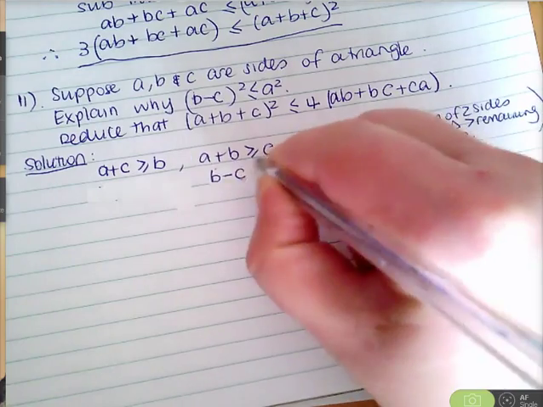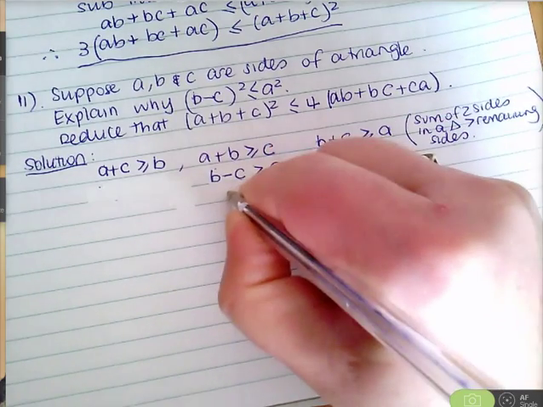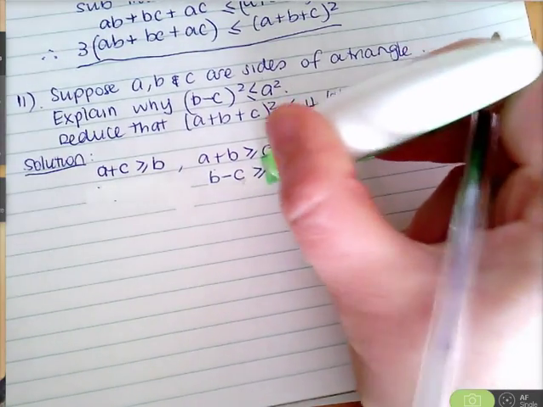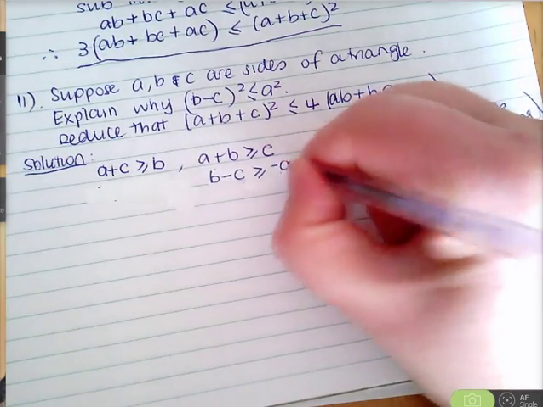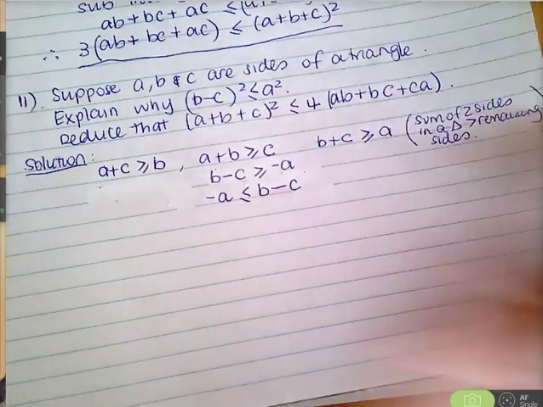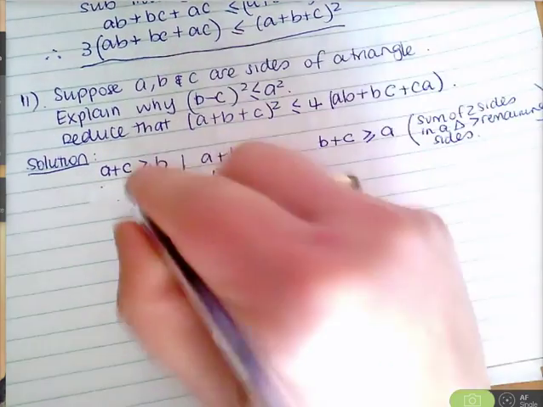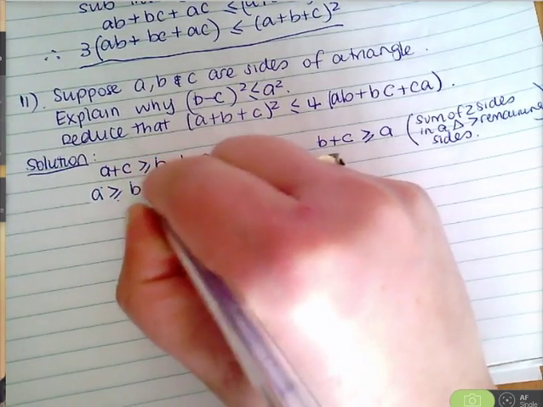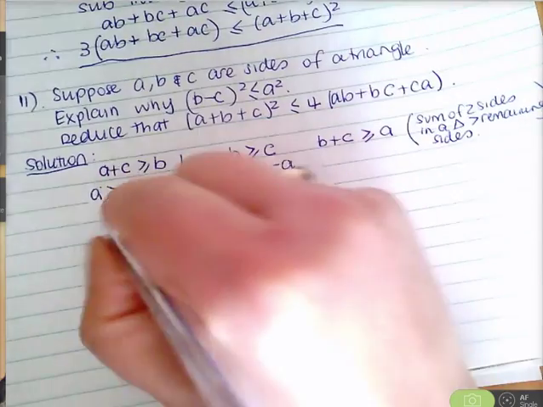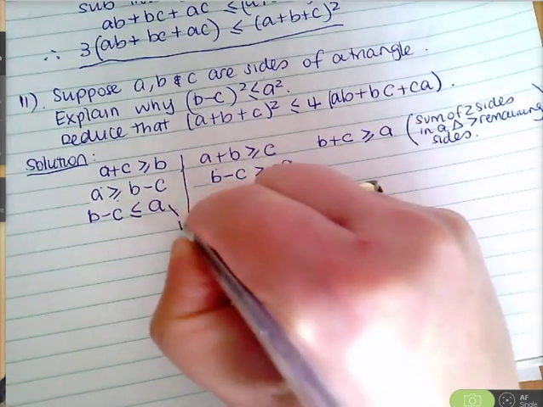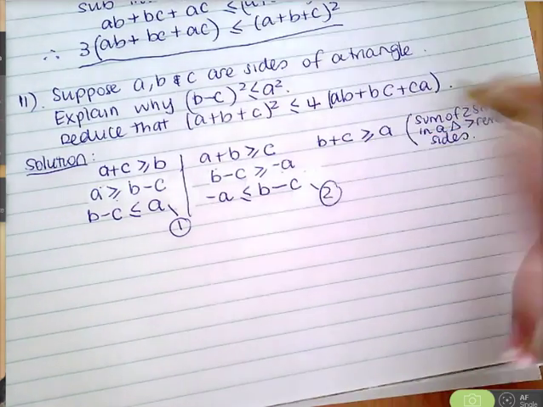So I've got B minus C is greater than or equal to negative A. Sorry, that was a mistake. So in other words, I can write this as negative A is less than or equal to B minus C. Okay, now I can rearrange this one here, and I'll get A is greater than or equal to B minus C, or that B minus C is less than or equal to A. Now I'm going to call that equation 1. I'm going to call that equation 2.